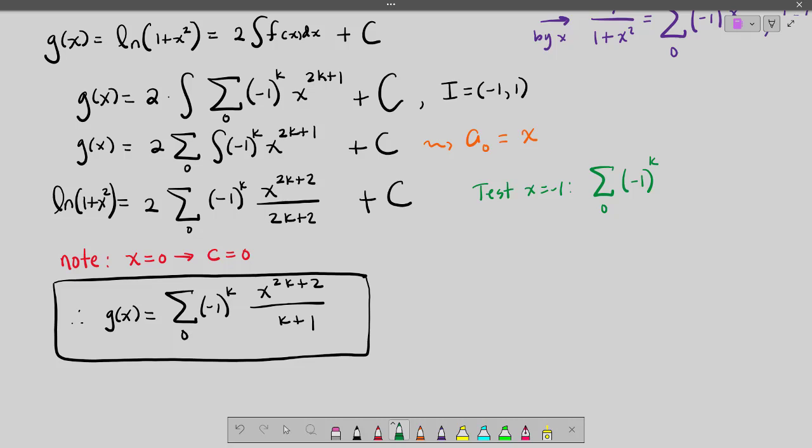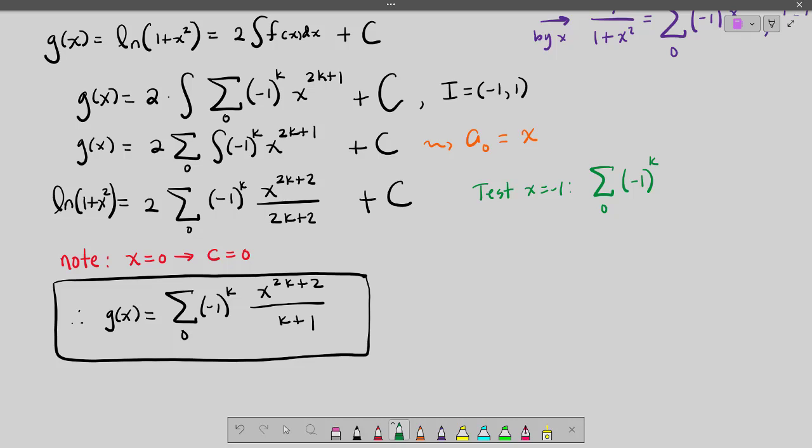Can you tell me if this exponent on the x is always even? Or does it bounce back and forth between even and odd and create some sort of oscillation? This is always even, right? 2k plus 2 is always even for every k.